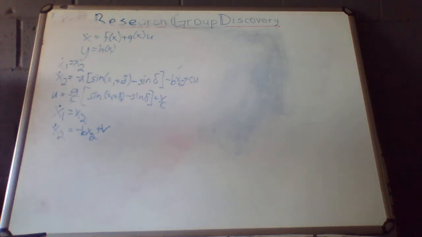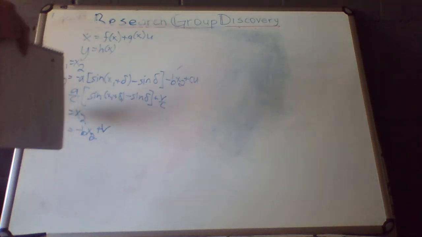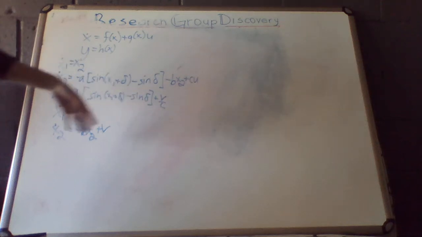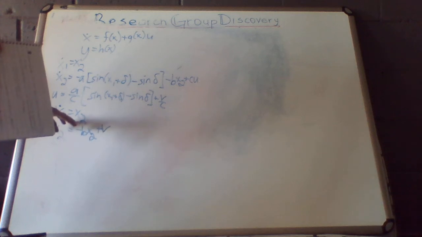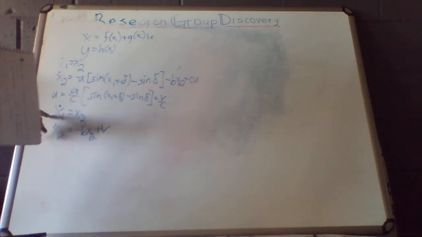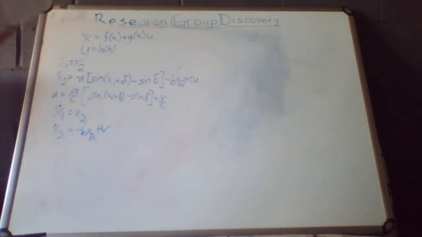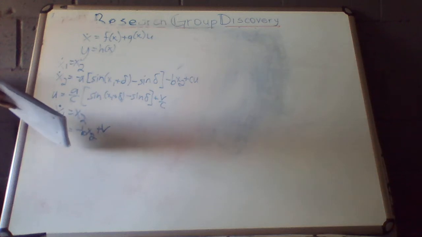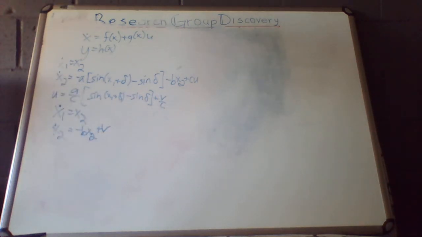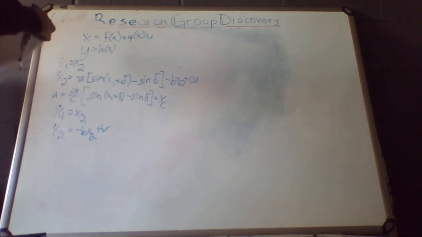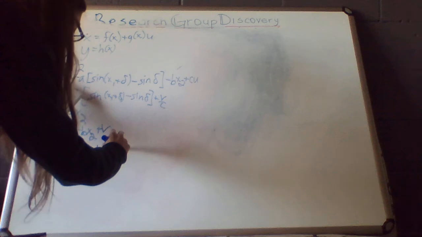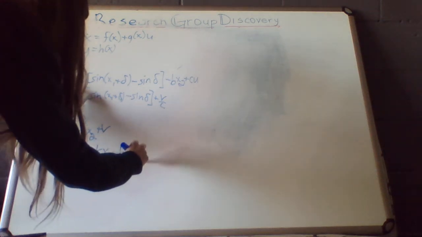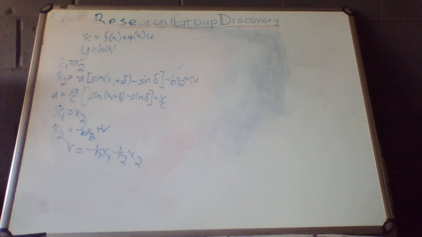So what is v? v is the part that's left after you use this control law. Its role is that you want to choose it so that you're left with a linear system with the eigenvalues being negative. So you want to choose v as some linear combination of x1 and x2 that achieves that goal. For example, if you choose v as negative k1 x1 minus k2 x2, that is a linear combination of x1 and x2.